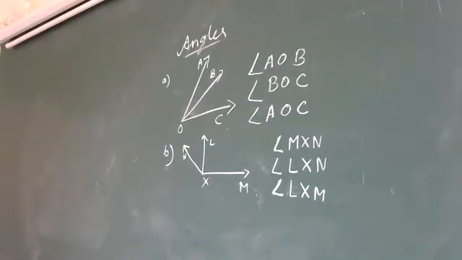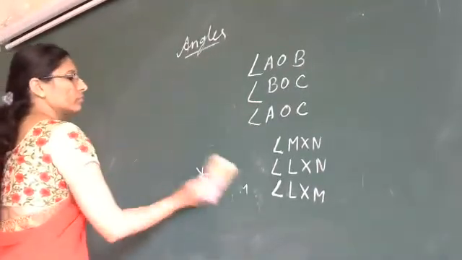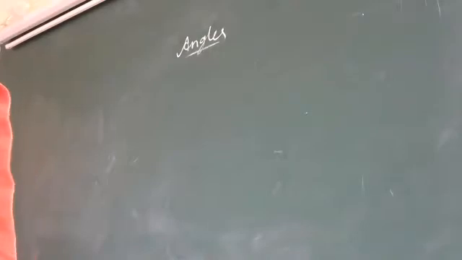In your book, 3 ways is given. Okay, in my textbook, 4 ways is given. Okay, we'll do with 3 ways. It's okay.